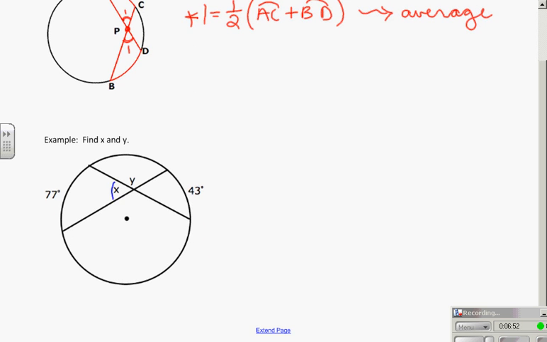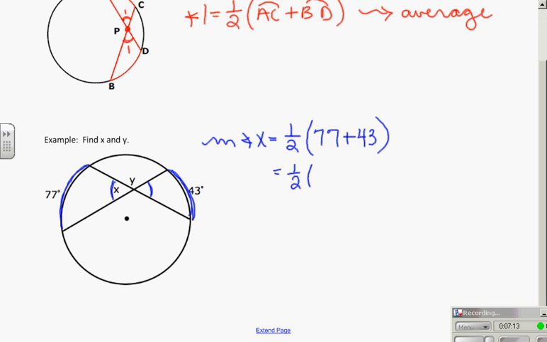So let's look at an example. In this case, I'm going to work X first. These two angles are the same. They are related to these two arcs. And so I know the measure of angle X is going to equal 1/2 the intercepted arcs, 77 plus 43.